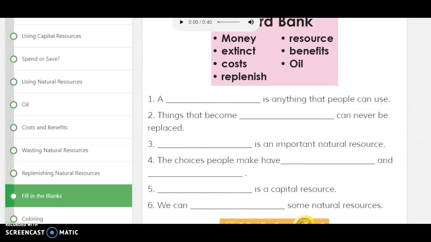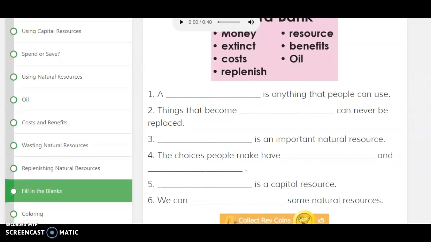Number 2, things that can become blank can never be replaced. Number 3, blank is an important natural resource. Number 4, the choices that people make have blank and blank. Number 5, blank is a capital resource. And number 6, we can blank some natural resources.